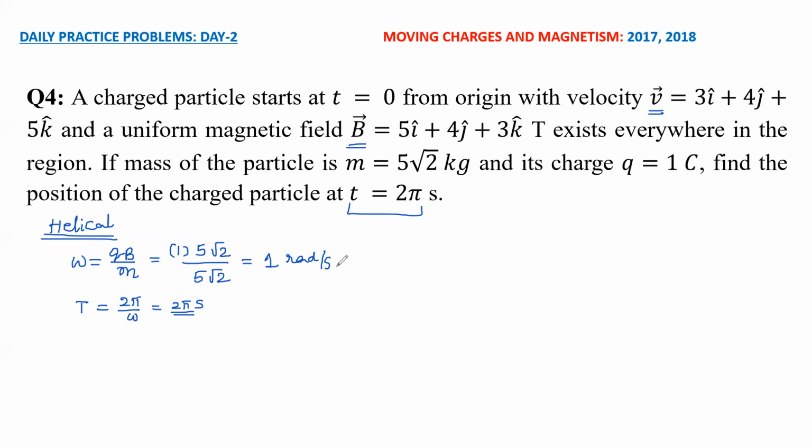And when the helical path is in a uniform magnetic field, the axis of the helix is parallel to the magnetic field. So what we know here is that the charged particle moves parallel to the magnetic field.